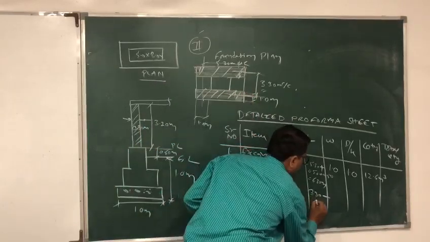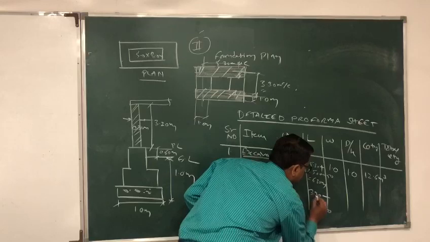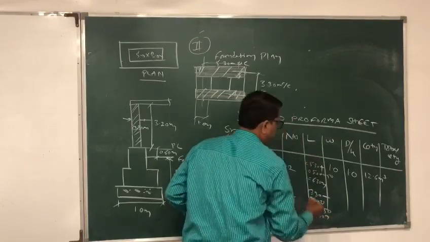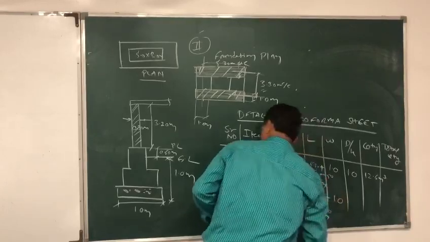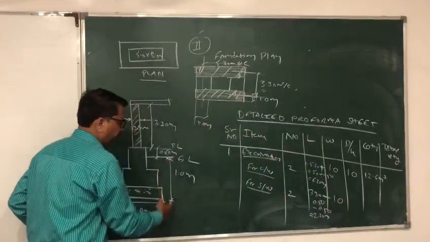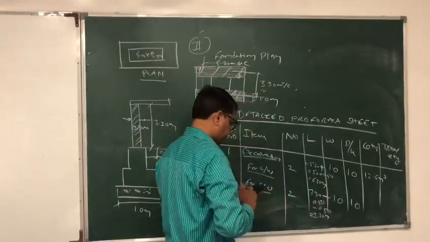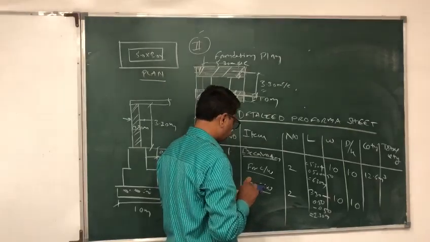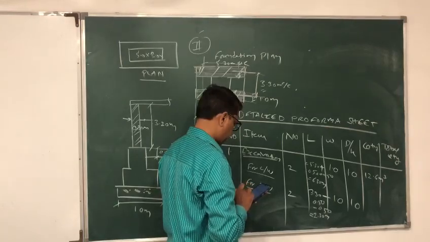So 3.3 minus 1 is 2.3 meter. So number is 2, length 2.3, the width of the foundation is 1 meter and the depth is 1 meter. By multiplying these, for the short wall, 2 into 2.3 into 1.